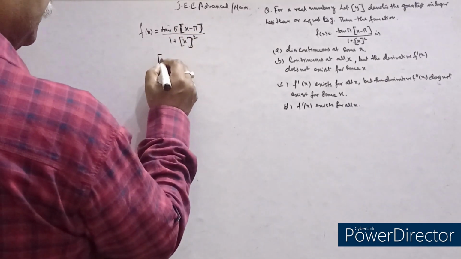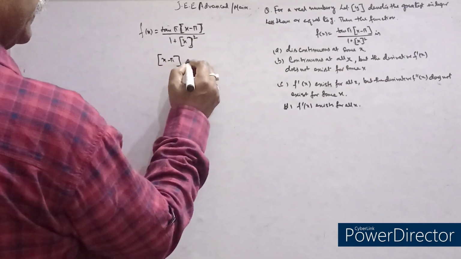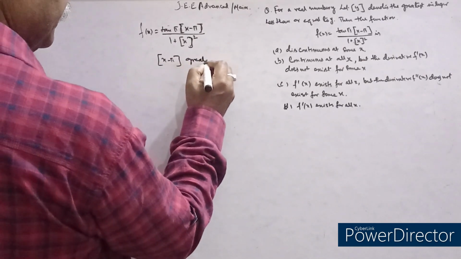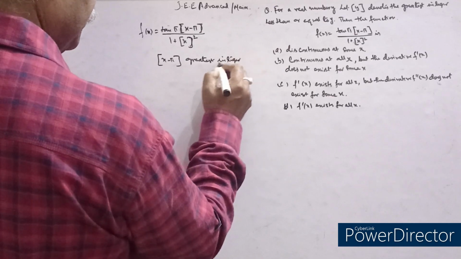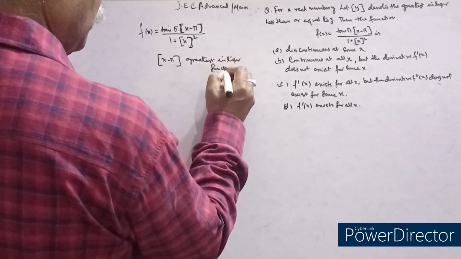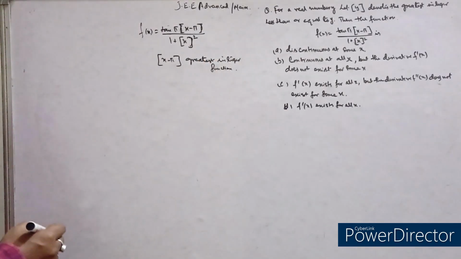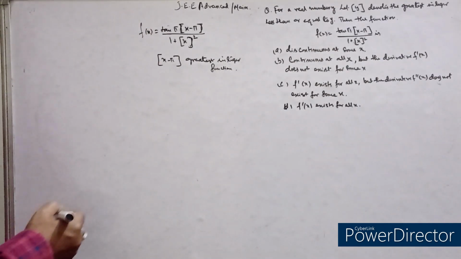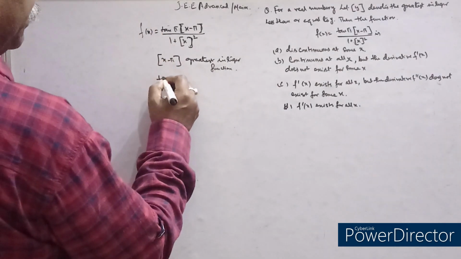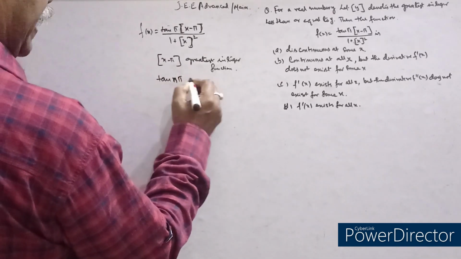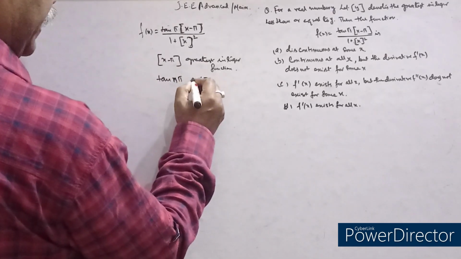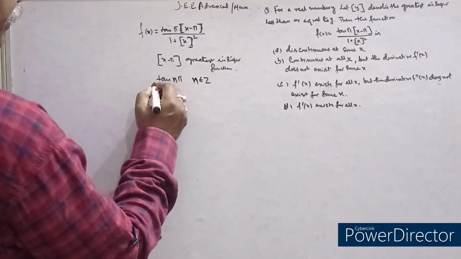That means the value of this will be an integer, so this will be tan(n pi), because n belongs to the integers.